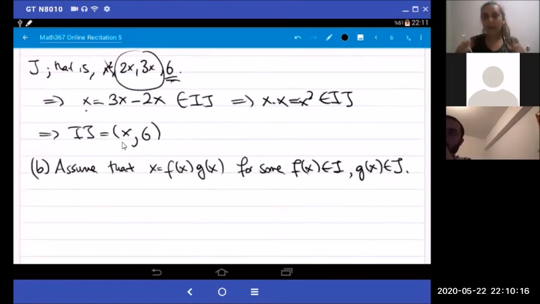This means that you can factorize all elements in terms of irreducible elements up to associates and up to order. Okay?